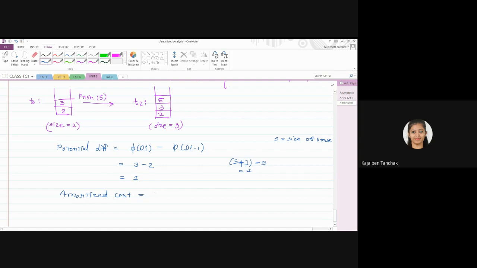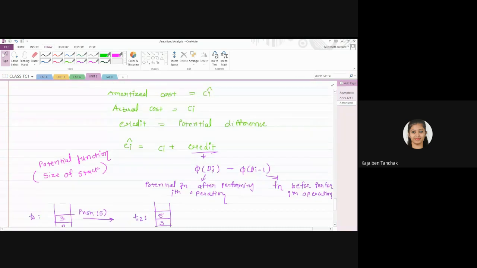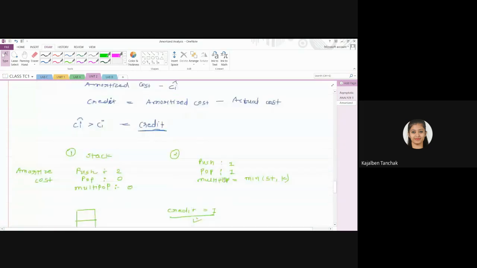We have the actual cost plus this potential difference, so I will write Ci plus phi di minus phi di minus 1.